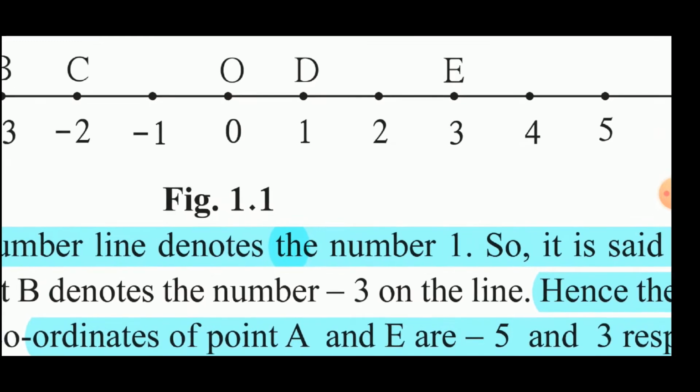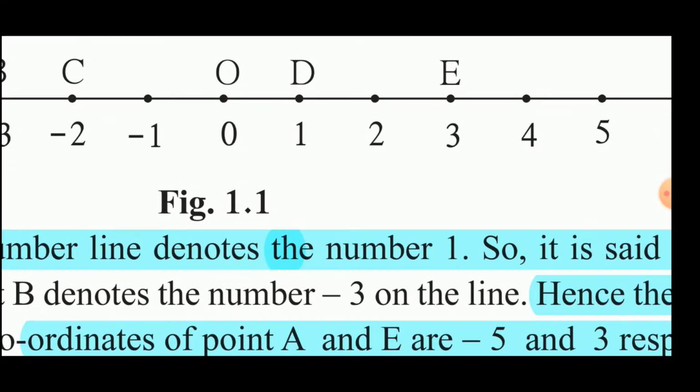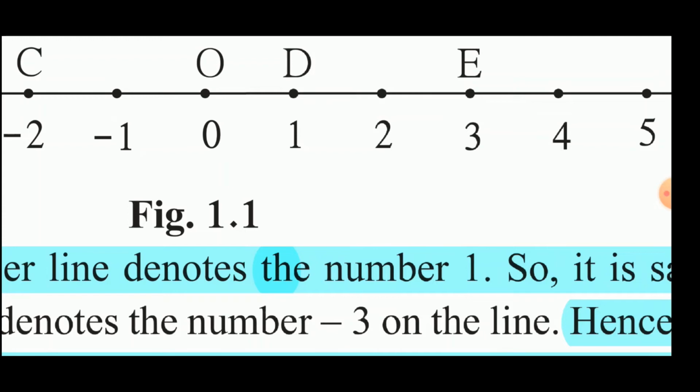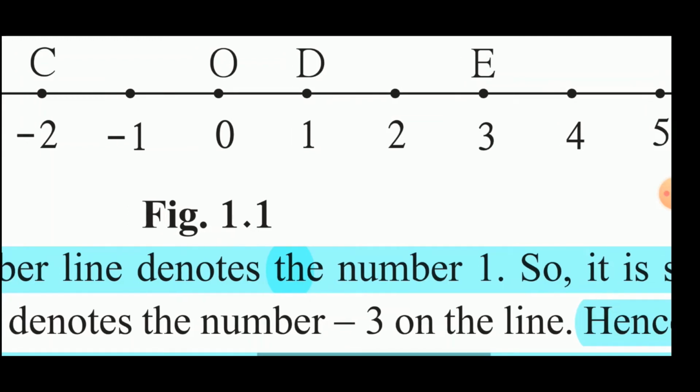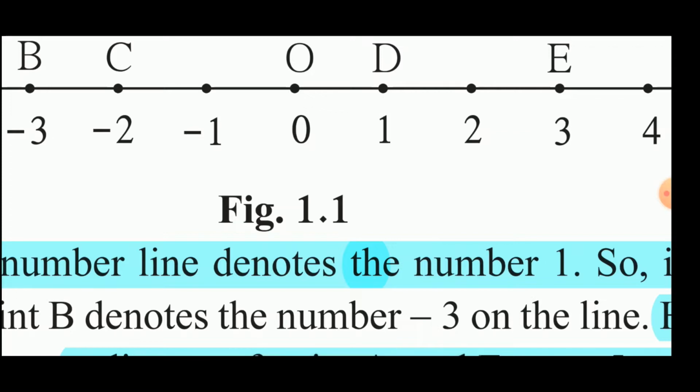For example, here O is the origin. The point D to the right, you count here, is at a distance of 1 unit from O. Point E is at a distance of 3 units from O. If you want to calculate the distance between the points C and D, you just count the number of unit distances: 1, 2, 3.